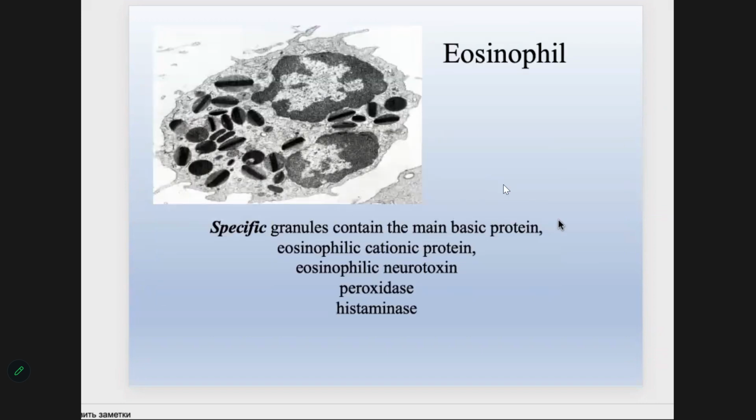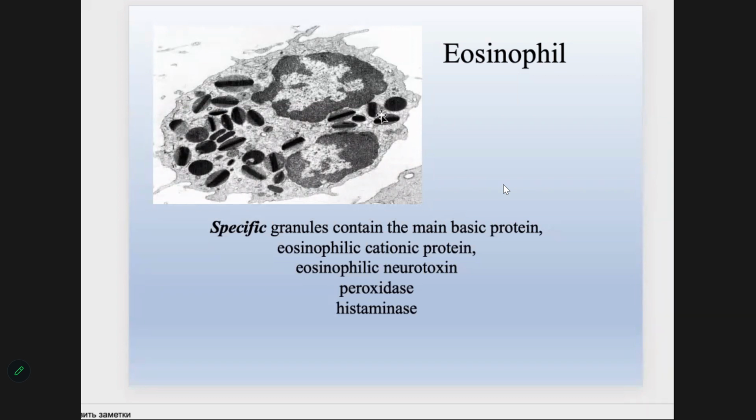These specific granules house such biologically active substances as eosinophilic cationic protein, eosinophilic neurotoxin, histaminase, peroxidase, and the major basic protein.